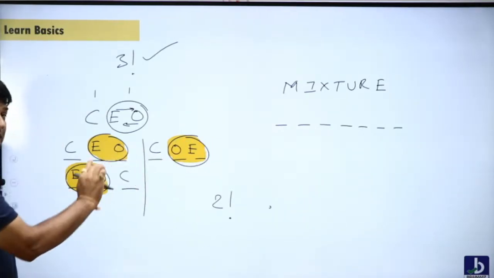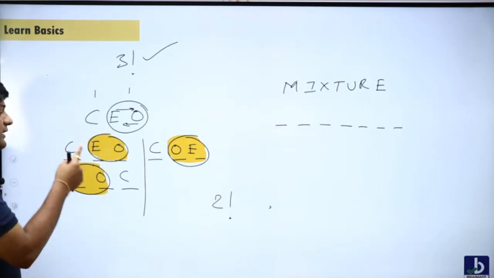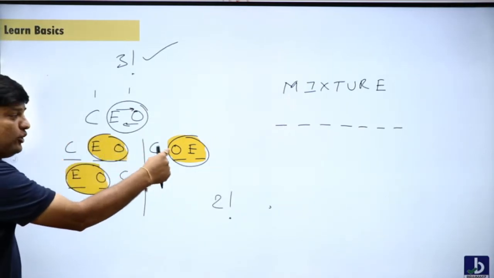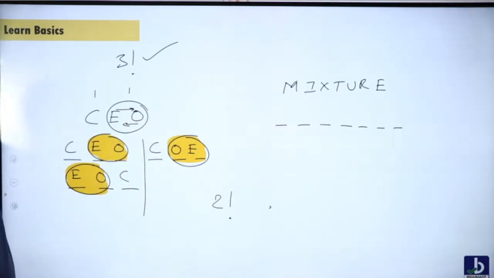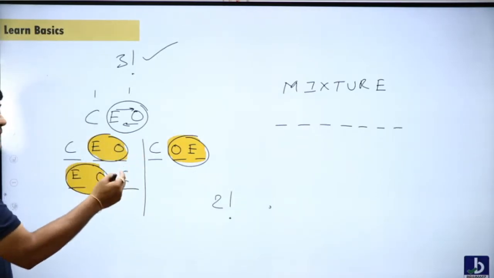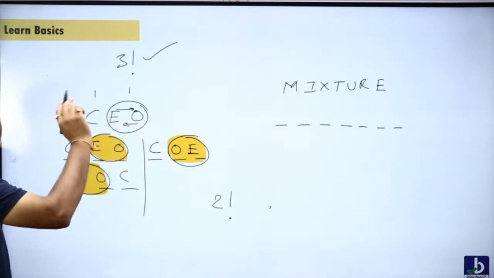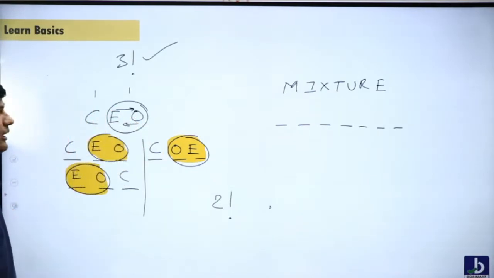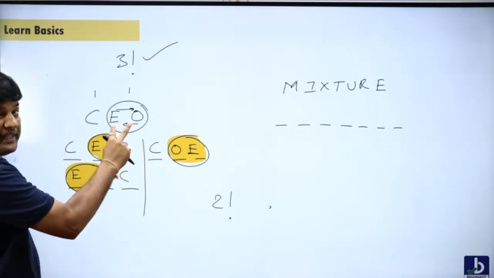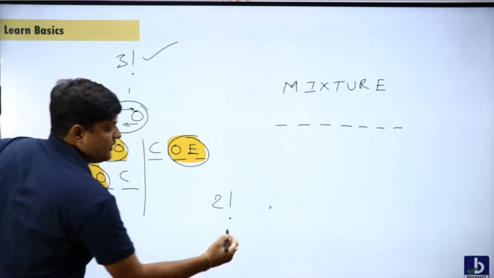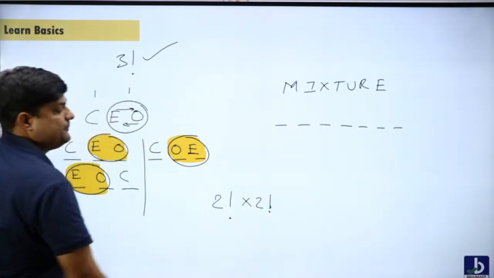These 2 are different words, logically different. CEO, COE. I understand both are different words, but how did you get this difference? By interchanging the inner ones. So tell me how many ways these 2 people can interchange among themselves? 2 factorial. That is multiplied by 2 factorial.